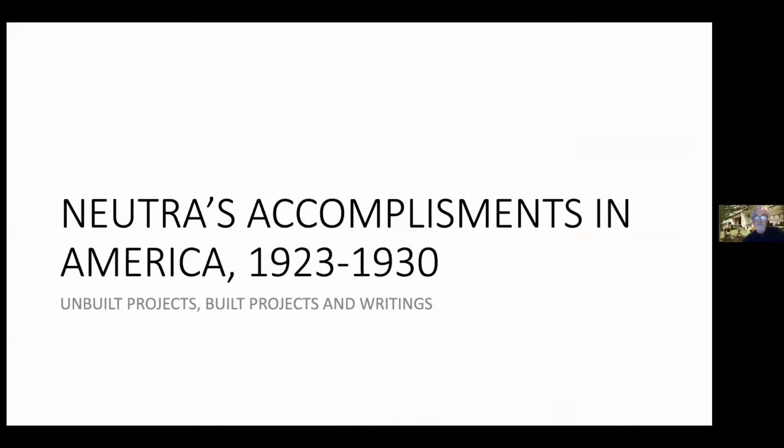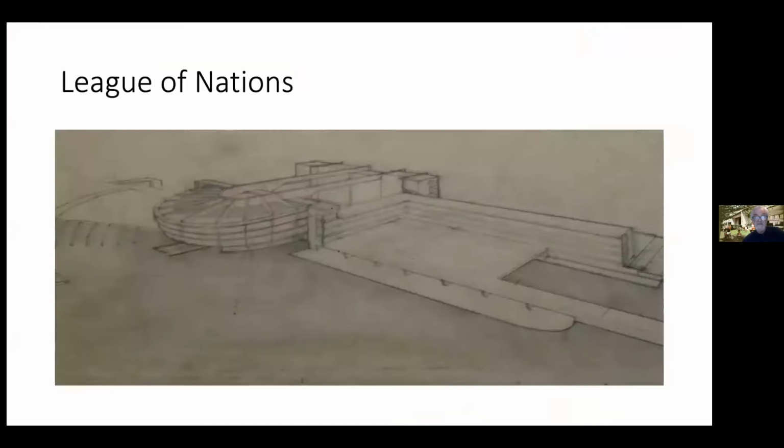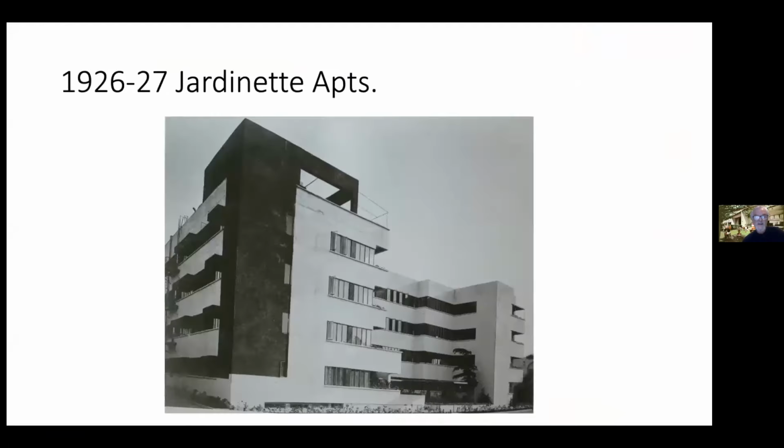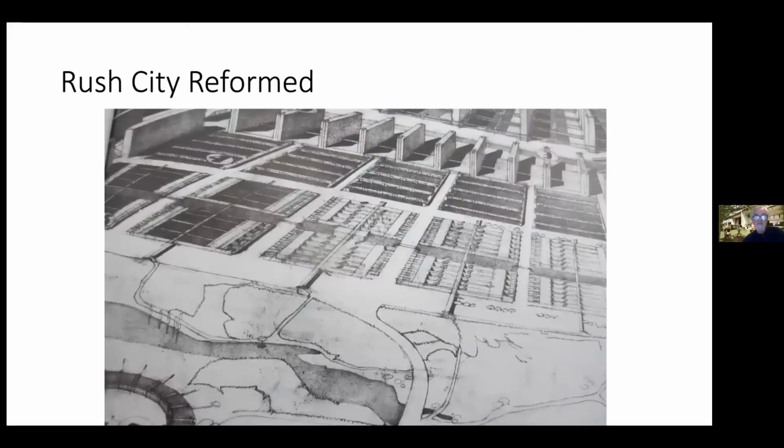My father was very busy between 1923 and 1930 with unbuilt projects, built projects, and writings. With Schindler, he presented this project for the League of Nations competition, which was featured in a Werkbund exhibition throughout Germany. He and Schindler designed this reinforced concrete garden apartment house.